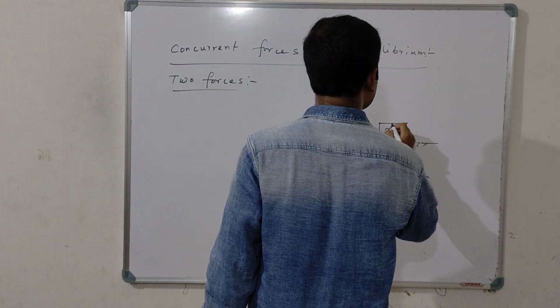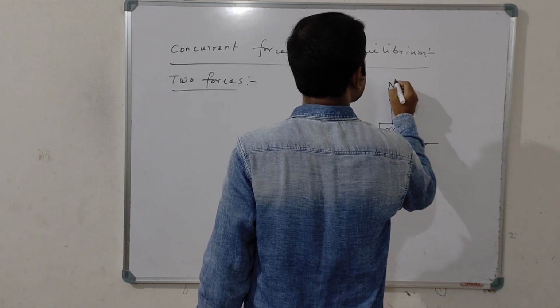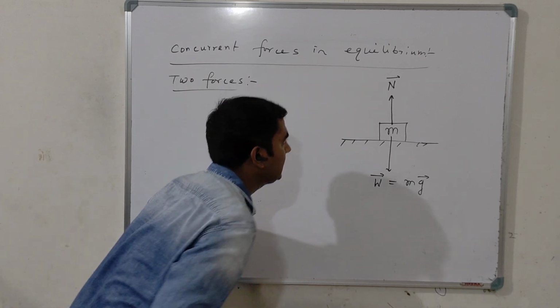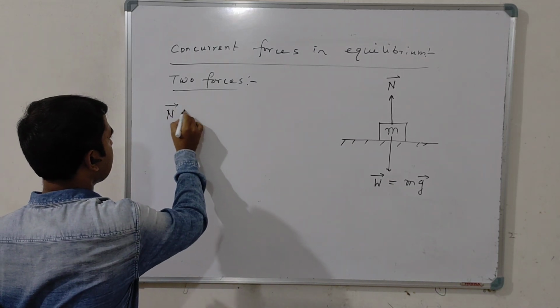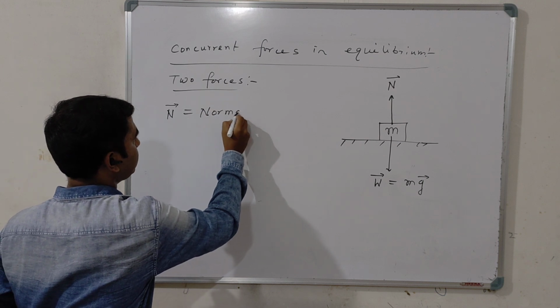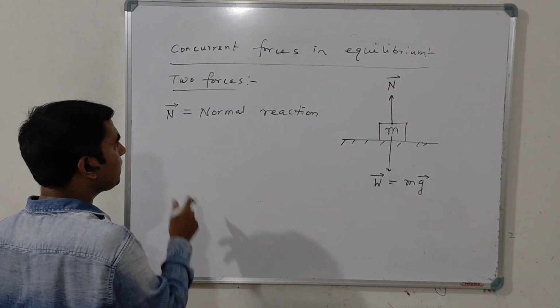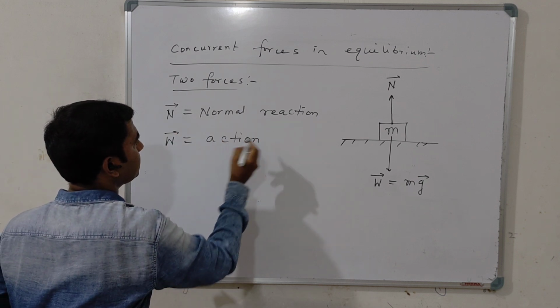Similarly, at 180 degrees, it is named N vector. We all know N is actually the reaction given by the ground to the block. N is the normal reaction, and it is the reaction of W. W is the action.